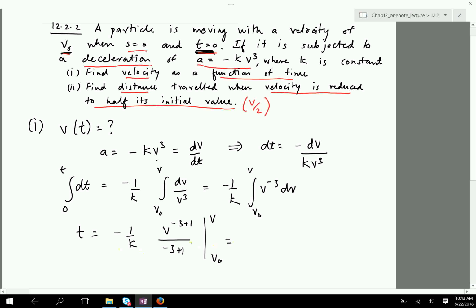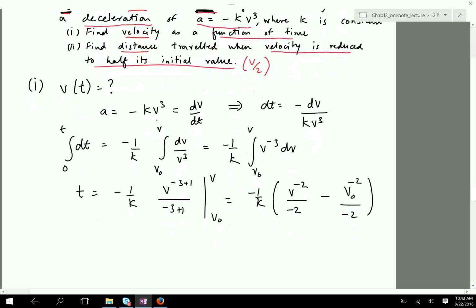So v to the minus 2 divided by minus 2 minus v0 to the minus 2 divided by minus 2. Okay, so I can simplify this expression and write velocity as v0. So I skipped a couple of steps. I just wrote the final answer.